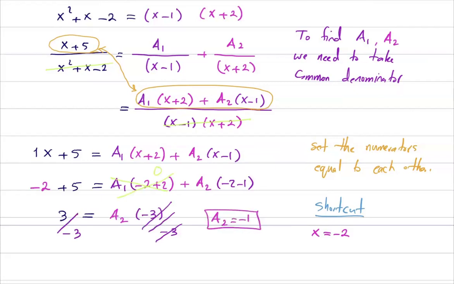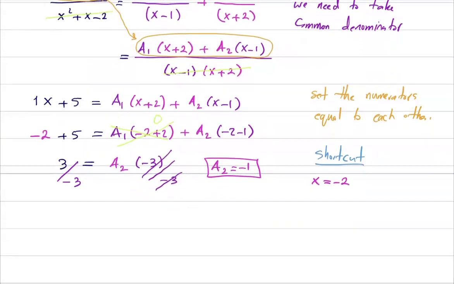So one by one, get rid of some of these linear expressions and calculate the value for a1 and a2. To find a sub 1, set x equals to 1 and see what happens here. 1 plus 5 is equal to a sub 1 times 1 plus 2 plus a sub 2 times 1 minus 1.